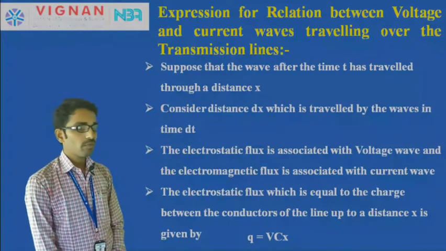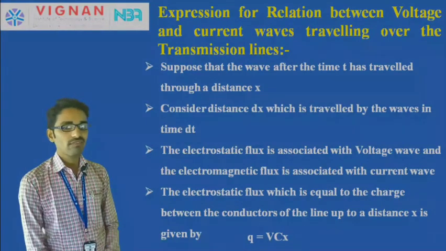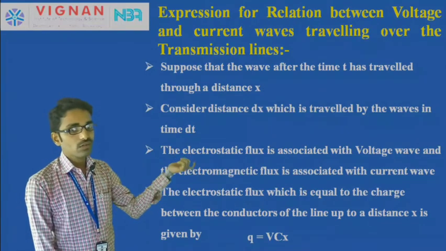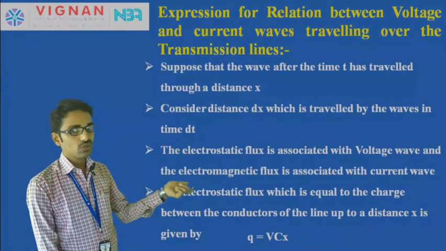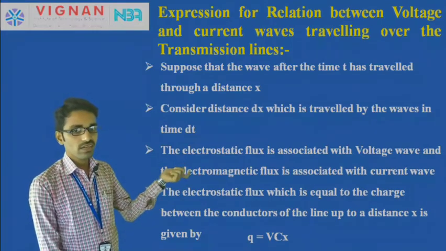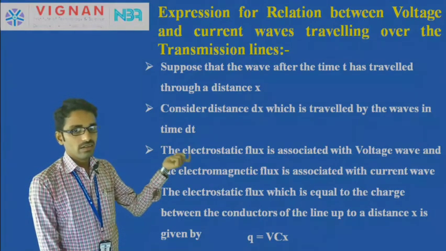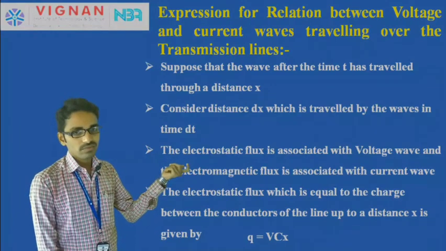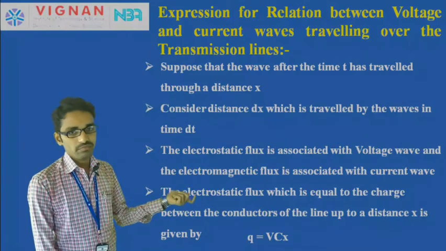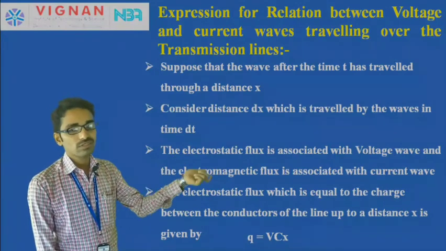So, the electrostatic flux is associated with the voltage wave. That means electrostatic energy is stored in the capacitor, and the capacitor is associated with C dV by dt, that is, with the voltage wave.